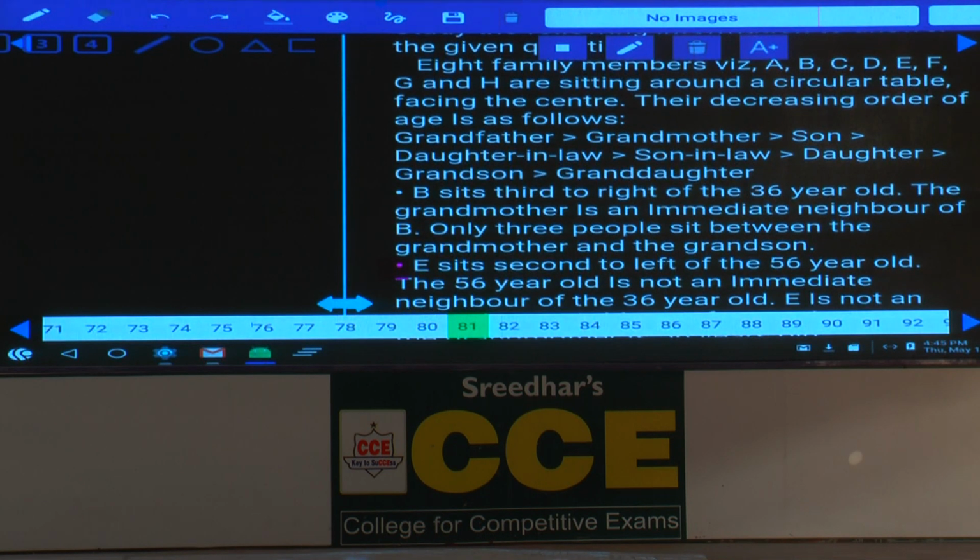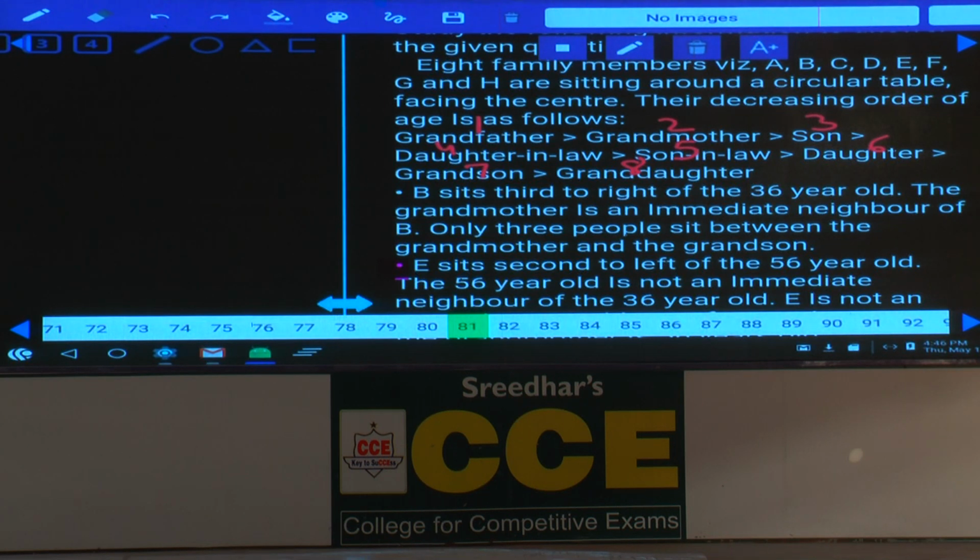As the ages are clearly specified, grandfather, the eldest, is 1, grandmother is 2, son is 3, daughter-in-law is 4, son-in-law is 5, daughter is 6, grandson is 7, and finally granddaughter is 8. Done? We are representing them with numbers.